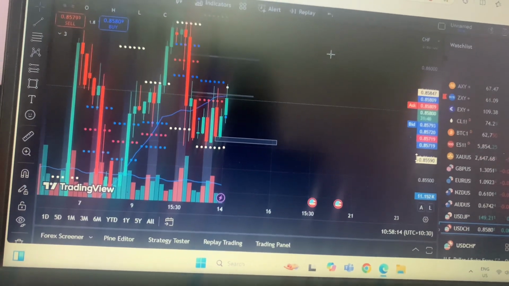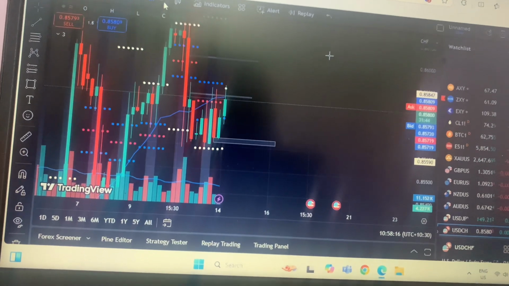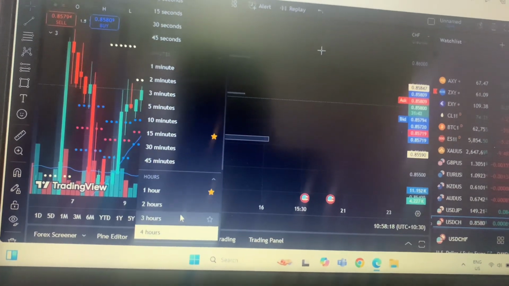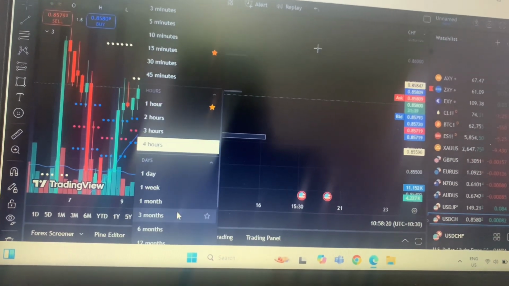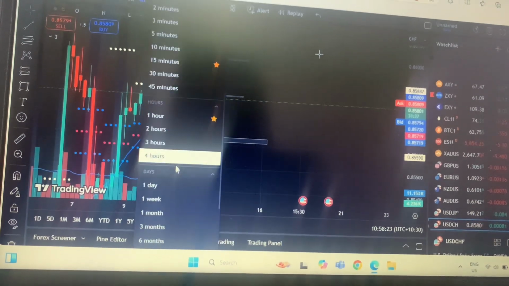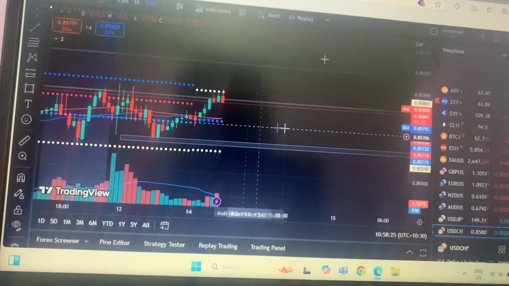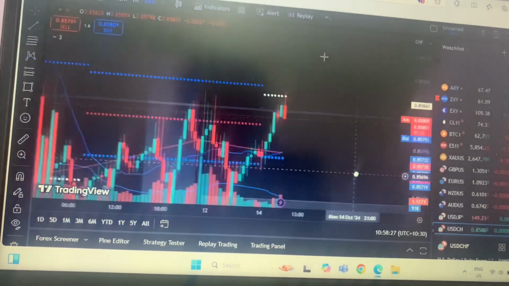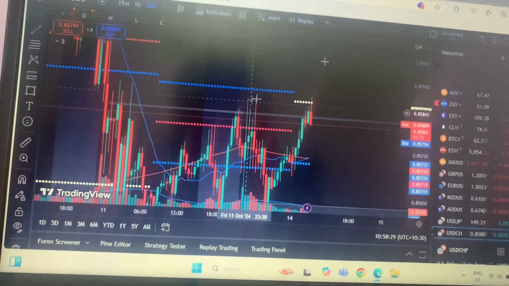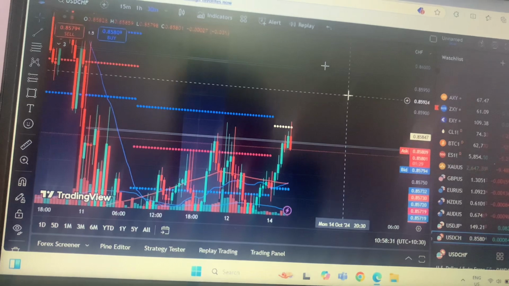So we still have 21 minutes left. Let's see the 30 minutes. In the 30 minutes the resistance has been broken, and we have a very good range over here to trade in.